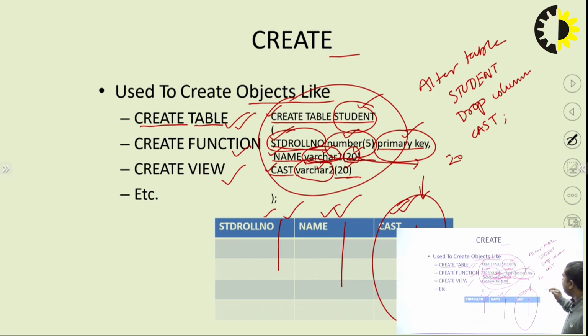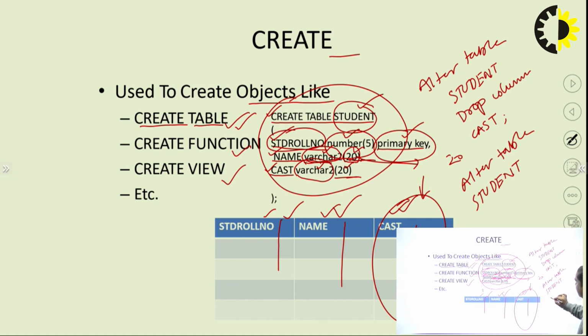What we will write down? We will write down alter table, and table name is student. Okay, then we are just modifying the property of this only. So we will just write down the field name.